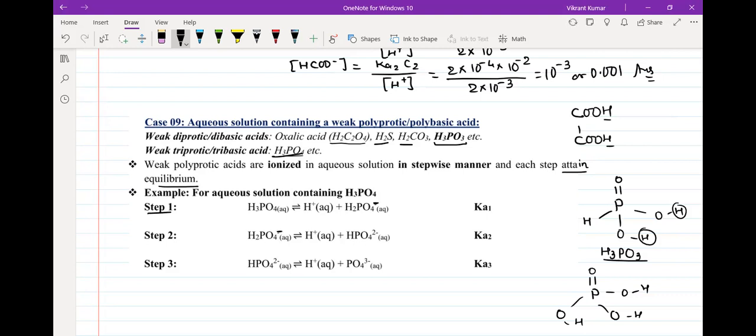That H2PO4 minus will release another H plus and form HPO4 2 minus. Then the third, the last H plus, will be released by HPO4 2 minus, producing H plus and PO4 3 minus. So we have 3 steps. Each step has reversibility, so each step will have some equilibrium constant, and each step will reach the equilibrium state.